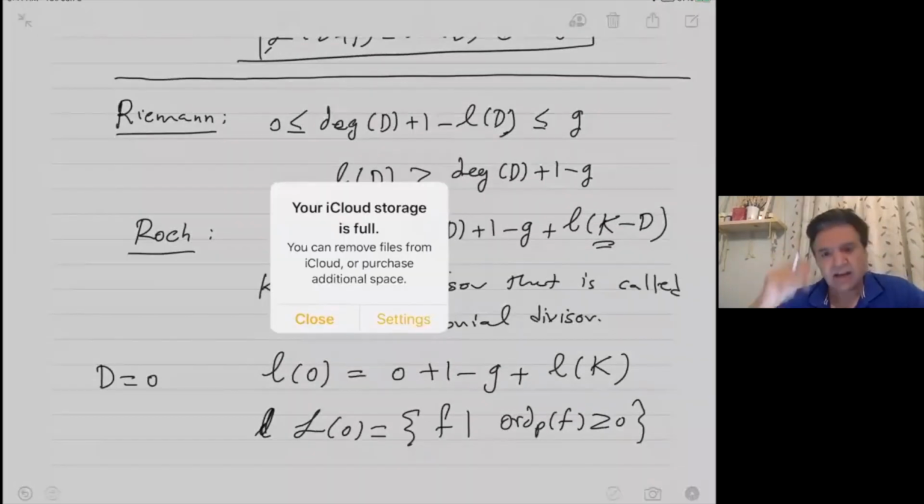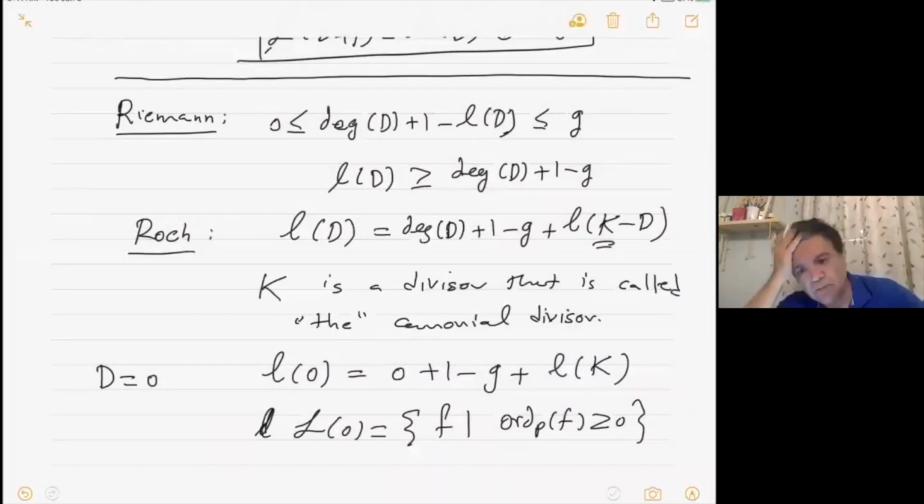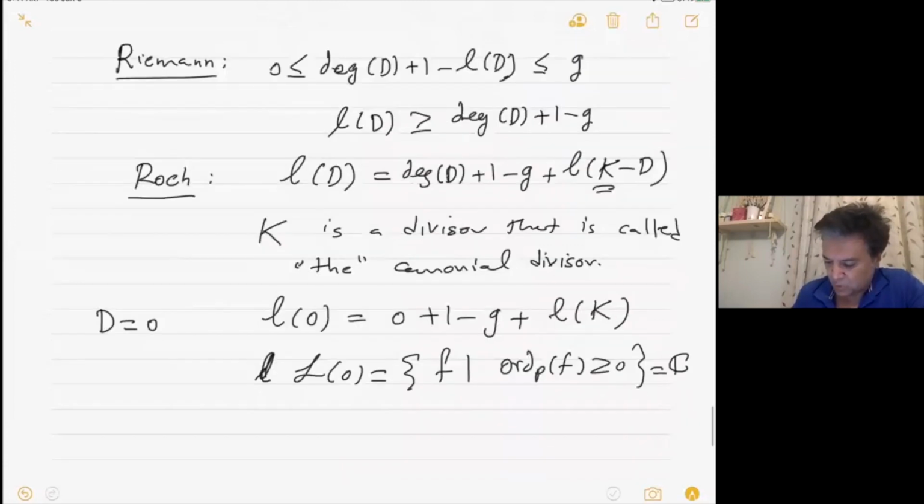Constant functions are holomorphic on X, but do we have any other holomorphic function on X? The answer is no, because we have assumed X is compact. Any holomorphic function is going to be bounded, and by Liouville's theorem, such functions are constant. So L of 0 is just C. This means that the dimension is 1 here, and the two ones cancel, and we get L of K equals G.